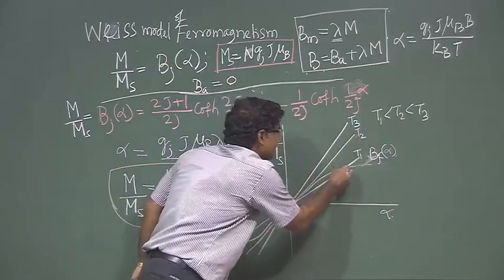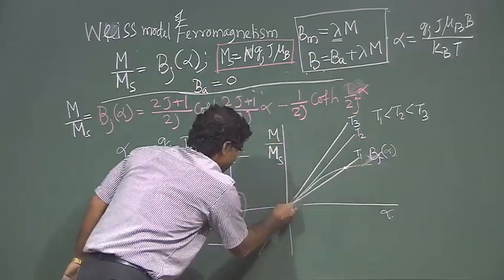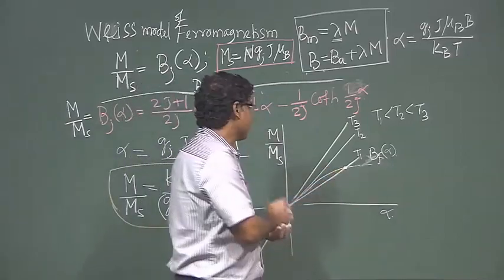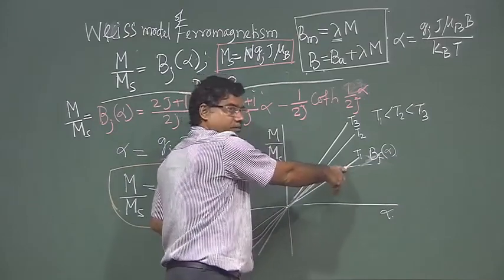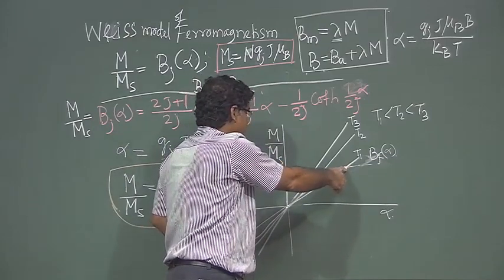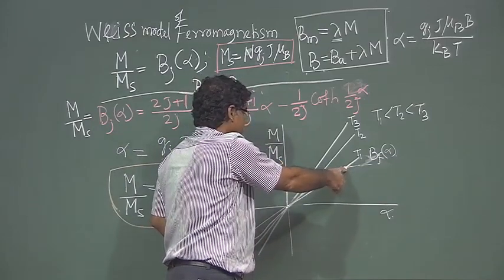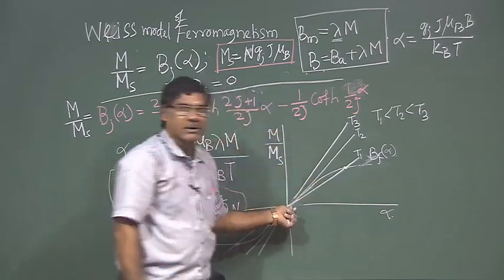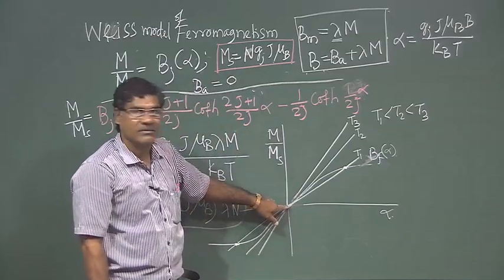So it is intersecting at 3 points. It will have plus and minus values of M by Ms and also the 0 value, and we are not interested in the 0 value.